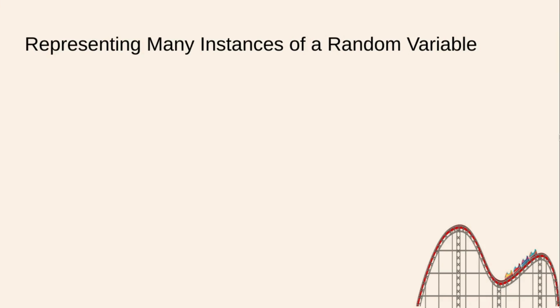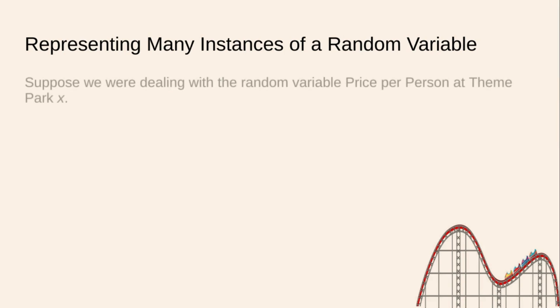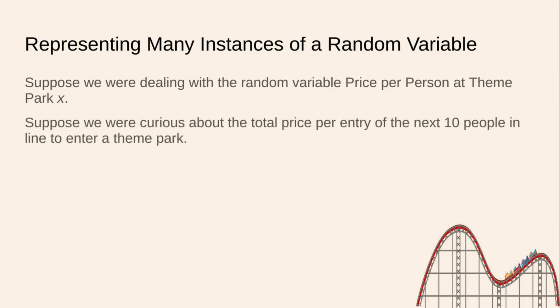So what about those really messy formulas involving like a bajillion random variables I showed you a few slides ago? Well, glad you asked. Suppose we were dealing with the random variable price per person at theme park X. Suppose we were curious about the total price per entry of the next 10 people in line to enter a theme park.